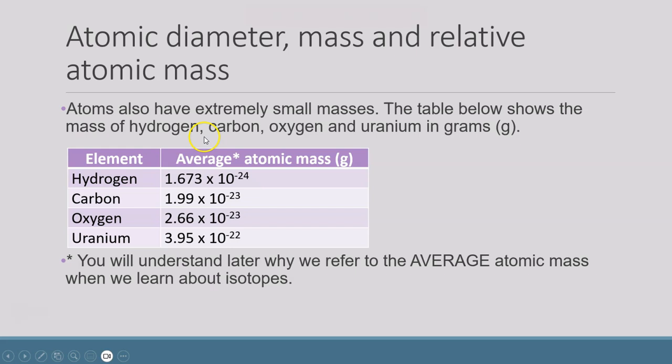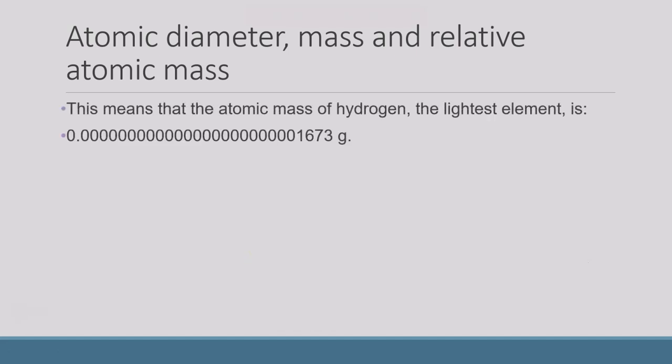So we don't need to memorize these numbers, but we do need to take away from this that the mass of an atom is really tiny, and working with these numbers would actually be quite difficult.